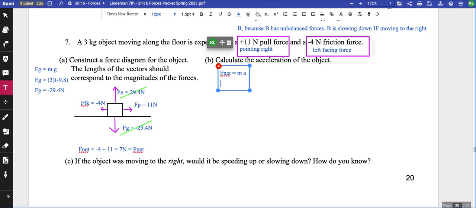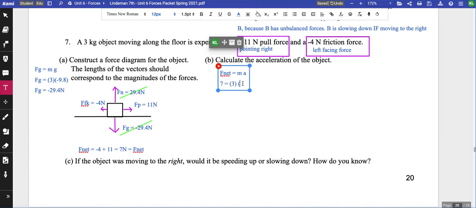Most of the time you see it just as F equals ma. I'm putting the net in just so that we are being very deliberate that this is a different force compared to the other forces on this page. So F net is equal to our mass, which is 3, times our acceleration, which, whoops, actually we know the net force, sorry, which is 7.